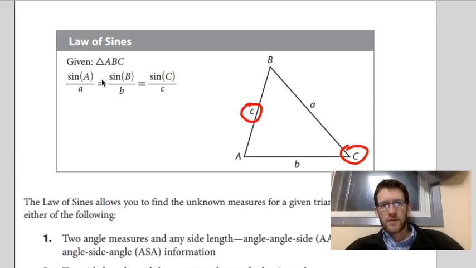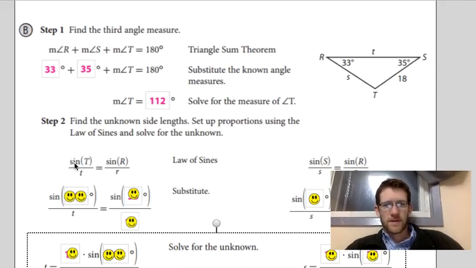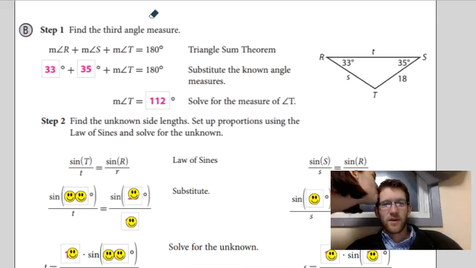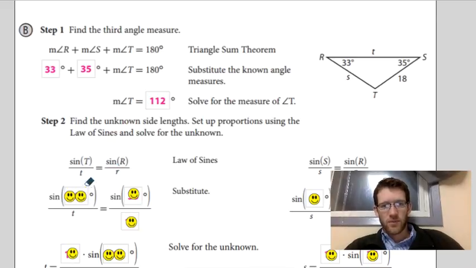So we're going to set it up so when we have our sine A over A equals sine of C over C, something like that, where there's only a single unknown. And I'll show you which one we have here. We have the sine of angle T over side T is equal to the sine of angle R over side R. And only one of those values is the unknown. The other three we can actually plug values into.